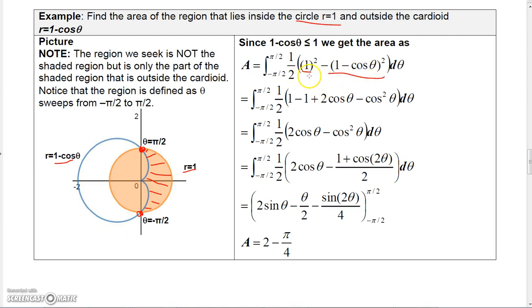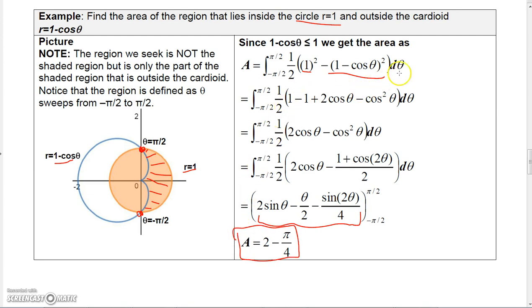I'll let you go through the arithmetic here, but eventually I got down to 2 sine theta minus theta over 2 minus sine 2 theta over 4. When I evaluated that from minus pi over 2 to pi over 2, I got the area of 2 minus pi over 4.